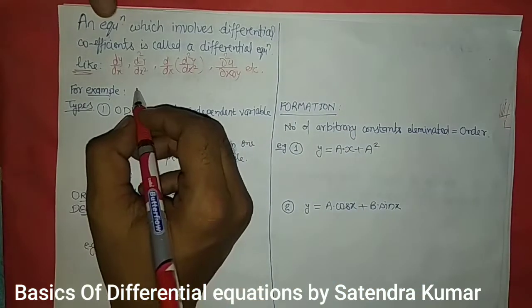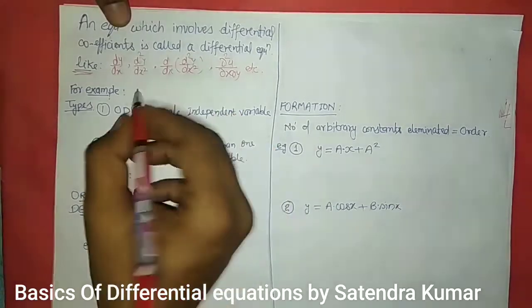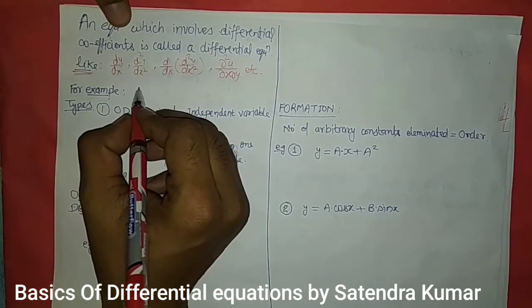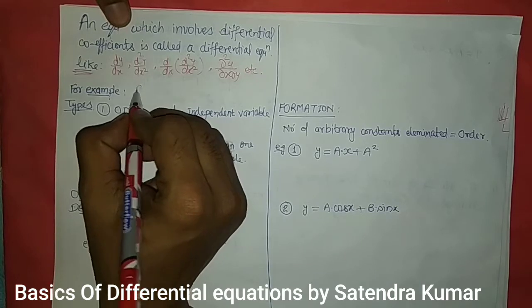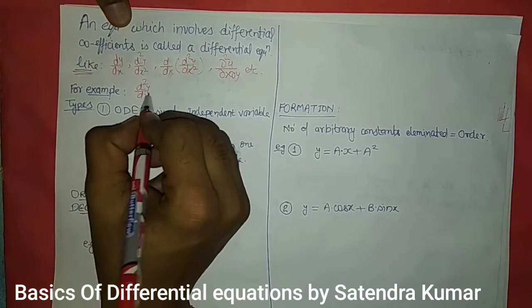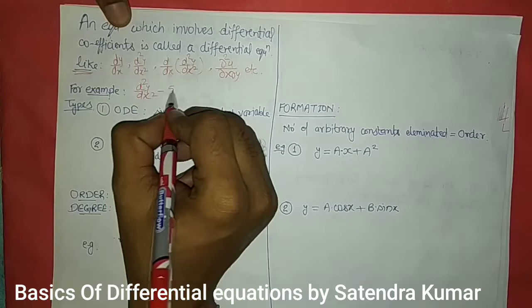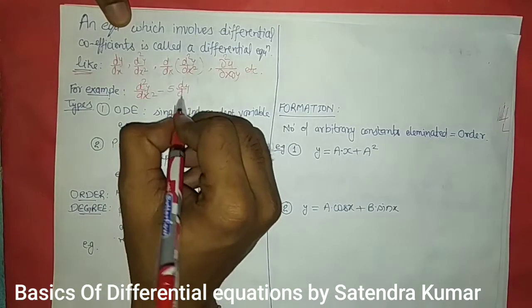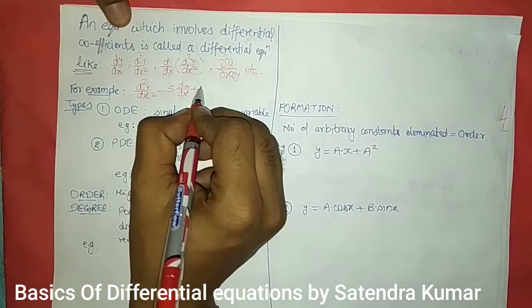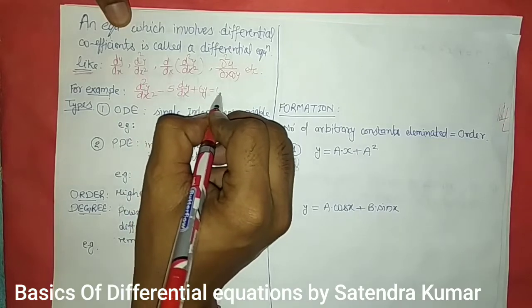For example, if we form the differential equation, then the differential equation will be like d2y upon dx2 minus 5 into dy by dx plus 6y is equal to 0.